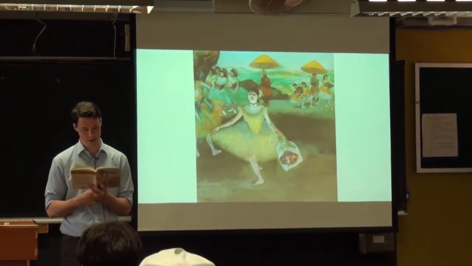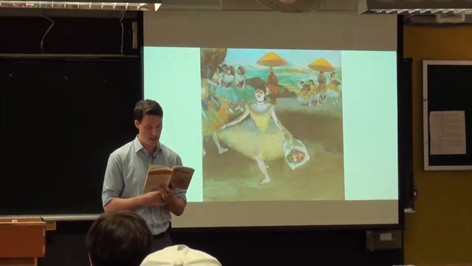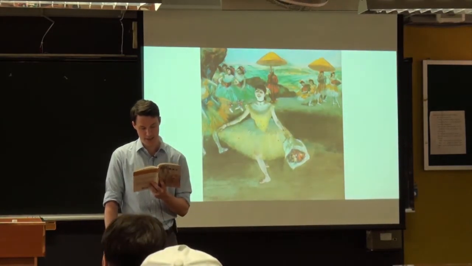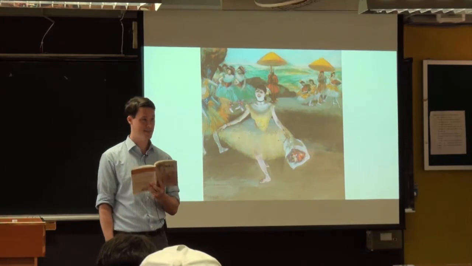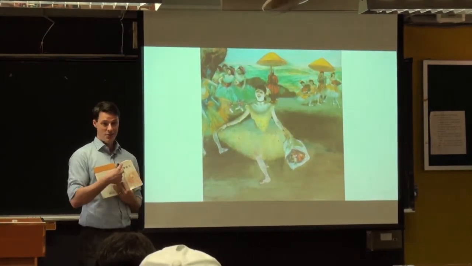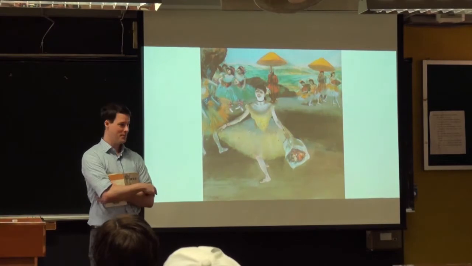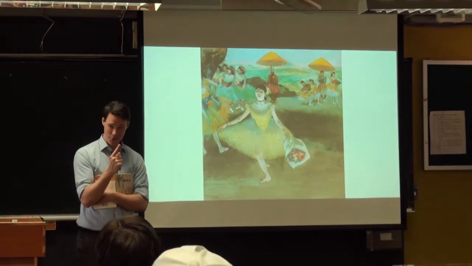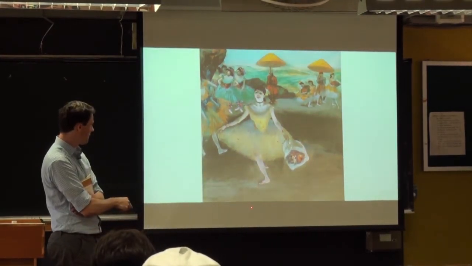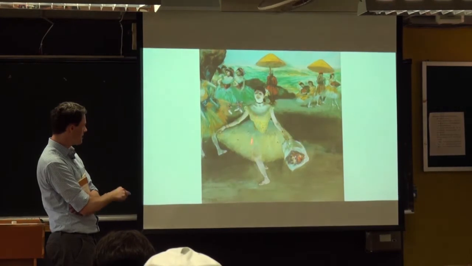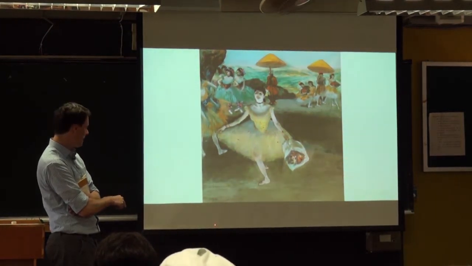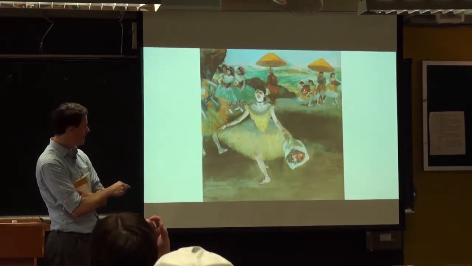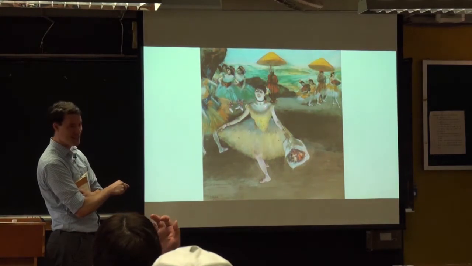So Degas' dancer bowing with a bouquet shows the washout effect of stage lights on the color of the dancer's face and dress. Last week we talked about light, right? If I asked you where the light is coming from, one of the places is down here. It looks like there's a spotlight somewhere down here, pointed up at the ballerina, shining right on her face.